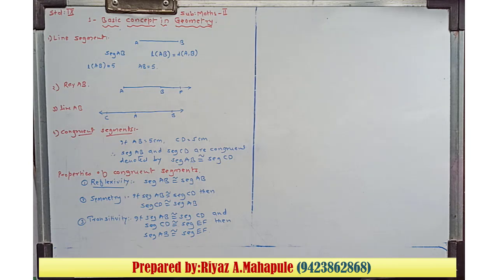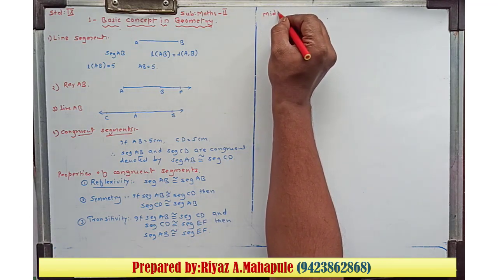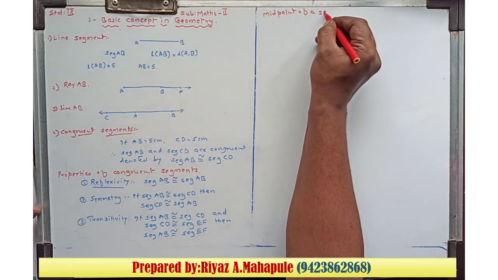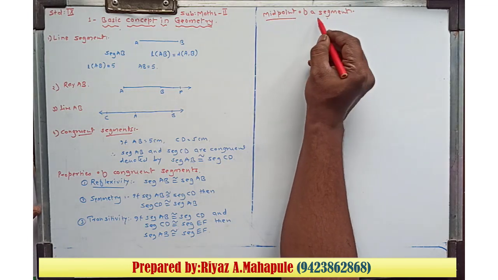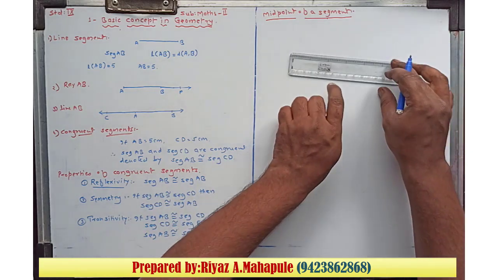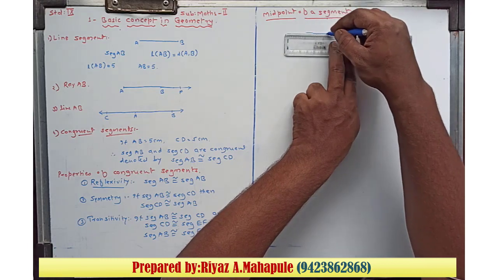Now next definition is midpoint of a segment. Suppose one segment AB is given. This is the segment AB.